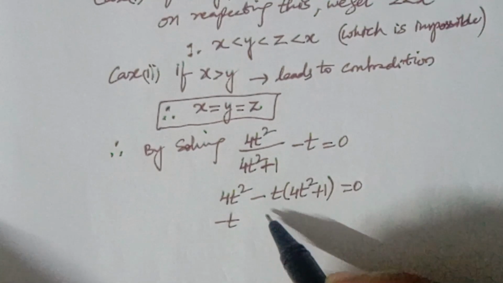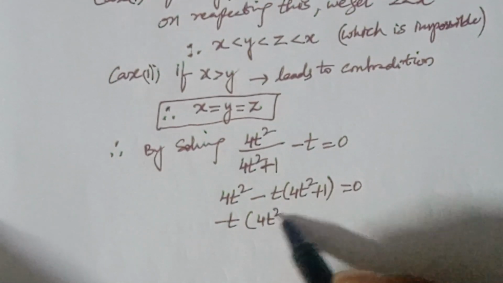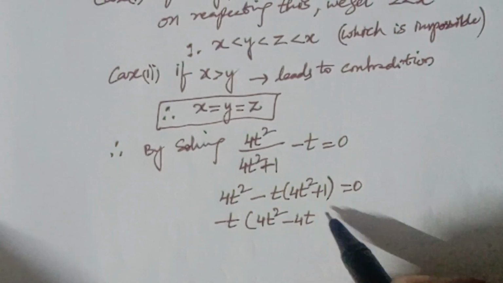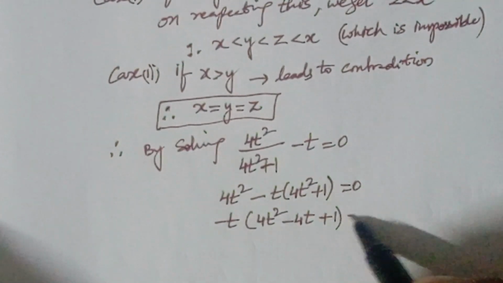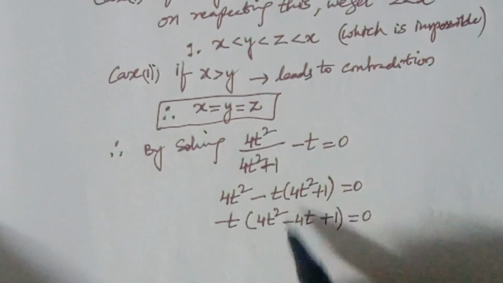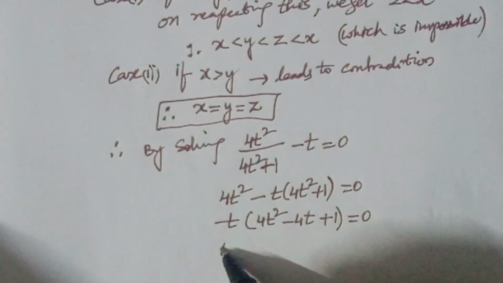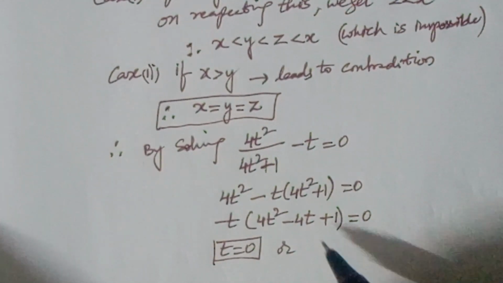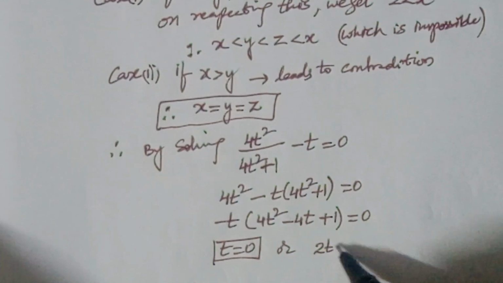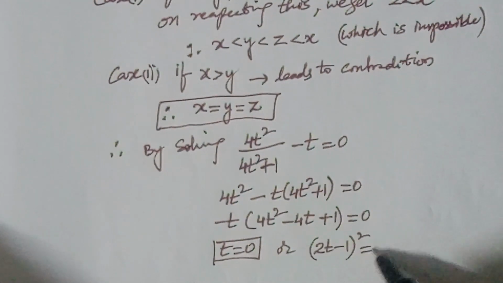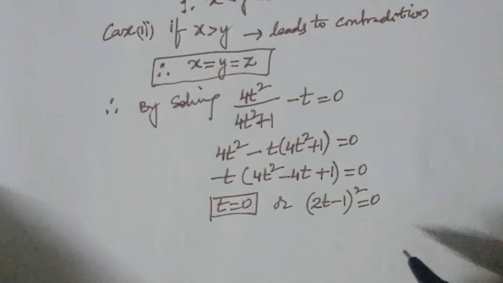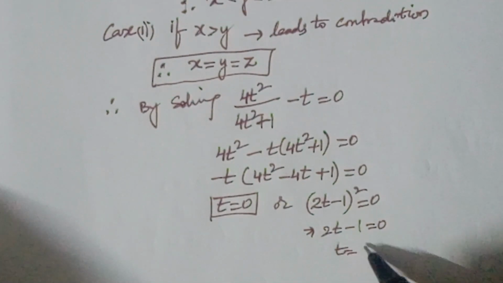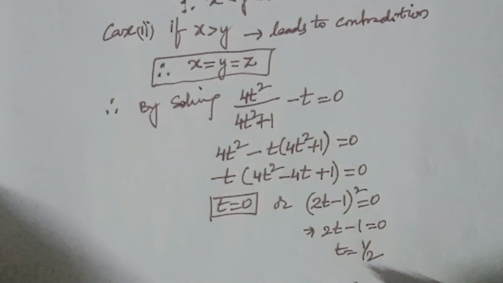Taking t common, minus t(4t² minus 4t + 1) equal to 0. So t is equal to 0, or (2t minus 1)² is equal to 0. So 2t minus 1 equal to 0, t is equal to 1/2.